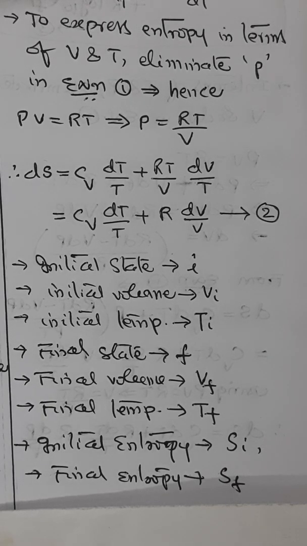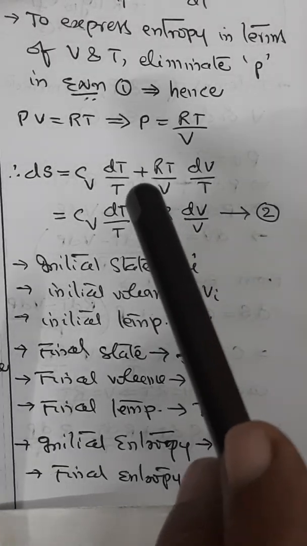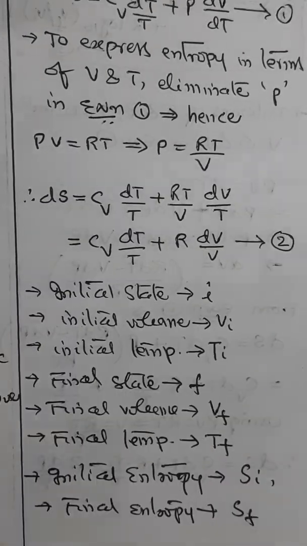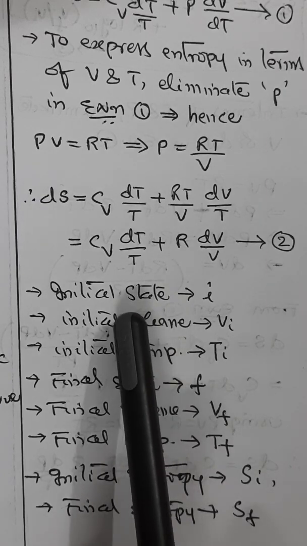So the change in entropy, that is Sf minus Si, when the gas changes from an initial state of volume Vi and temperature Ti to the final state where the volume is Vf and temperature is Tf, can be obtained by integrating this second equation within proper limits. Here we are trying to find the change in entropy.